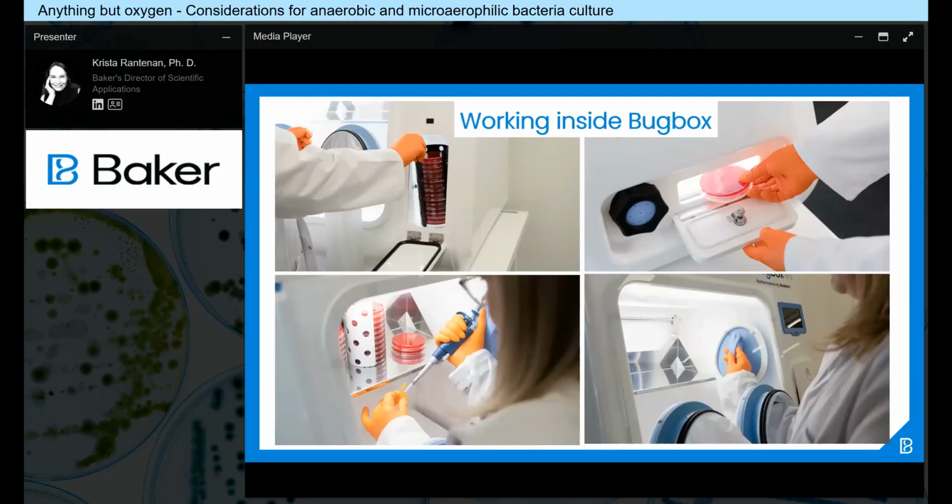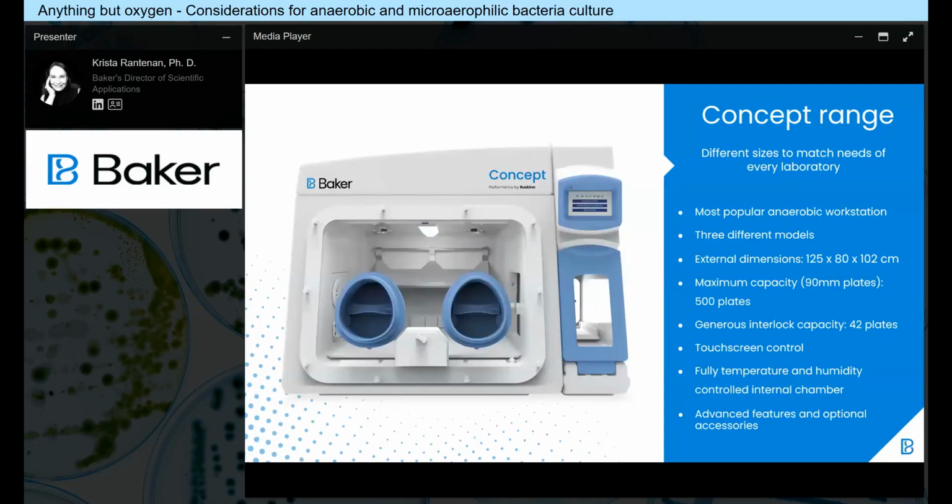But I also want to introduce our slightly larger range, the Concept range. If the BugBox model can fit around 250 Petri dishes inside, this model can hold up to 500 plates. So basically it has double the capacity in the internal chamber.